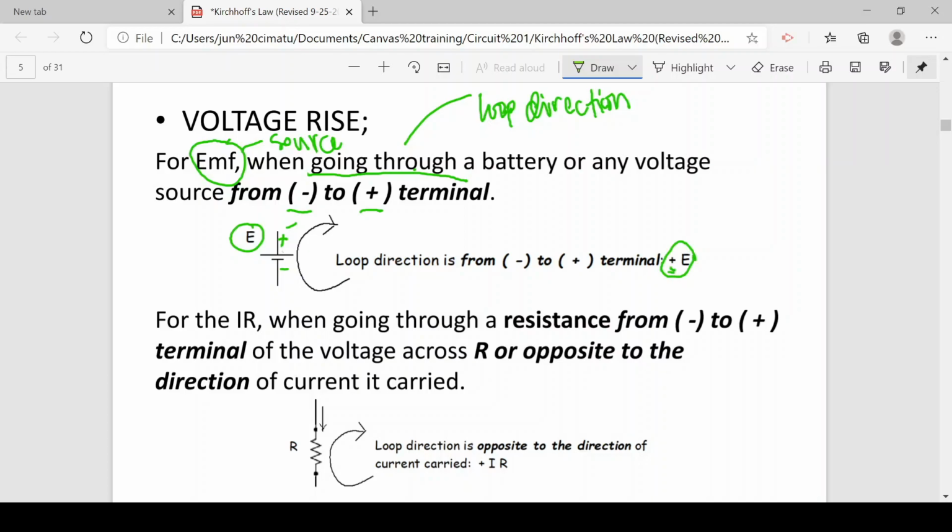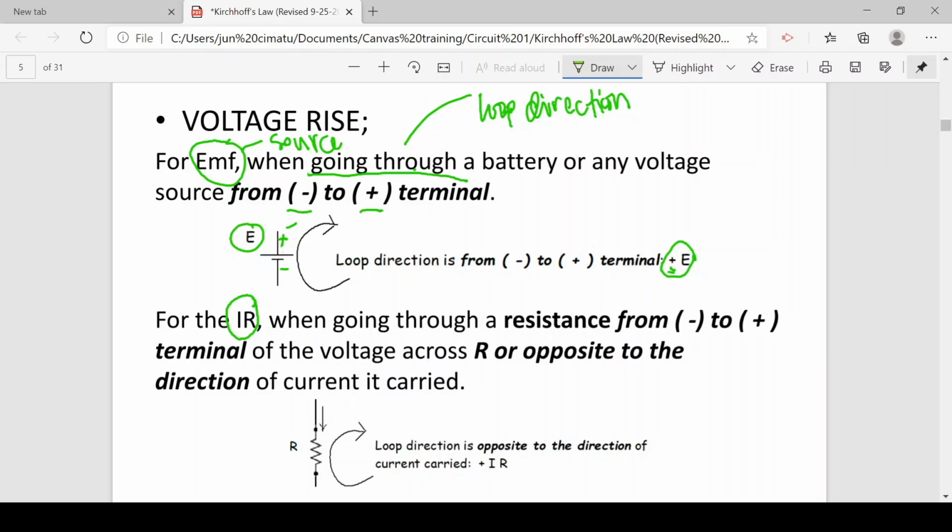Now another voltage in a circuit is due to the flow of current in a resistance, and that is the I times R. So whenever there is R and a current flows into that R, we have to consider this in the summation of the voltages, or applying the KVL.